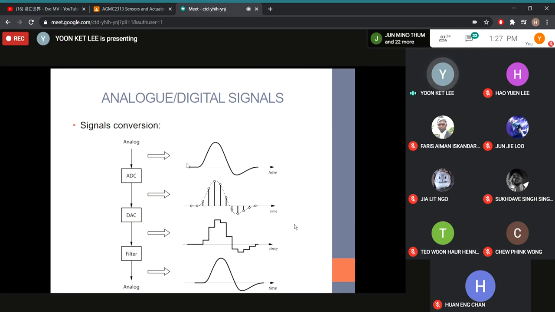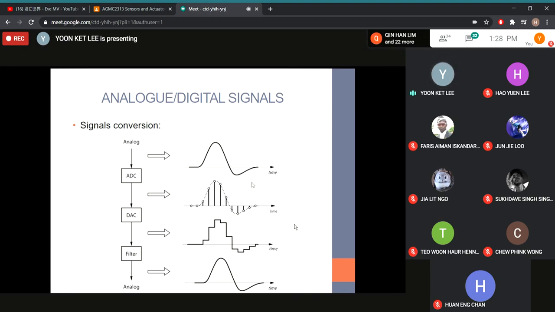I get every point of it and mark it, and after that I generate my digital form of the signal. Also, if I have a digital signal like this one, I can convert it back with a digital to analog converter, where I convert my digital signal to an analog signal by adding a filter here. So I will smooth it out like this.